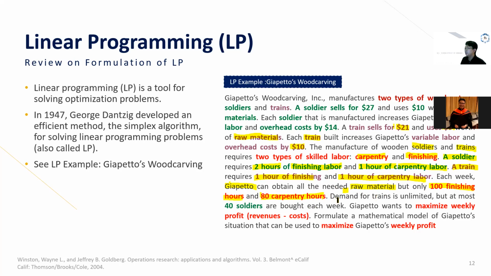And if we assume that all the trains being made can be sold, but for soldiers, we can only sell 40 units at most.